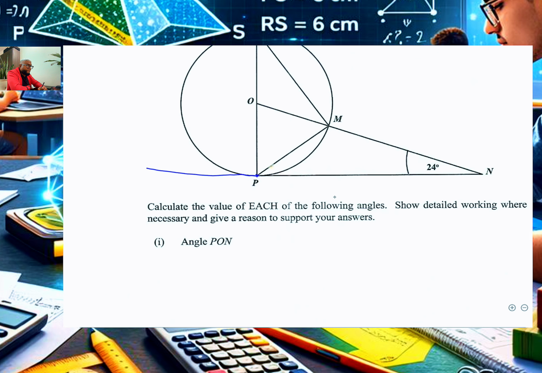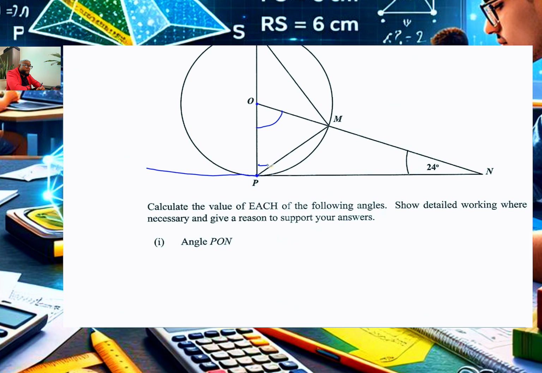Calculate the value of each of the following angles, show detailed workings where necessary, and give a reason to support your answer. So you have P to O to N. This bad boy here. In order to find that angle, the theorem that I need to engage is where a tangent and a radius meet. A line that comes from the center of the circle to the circumference here, which is actually where the tangent and the radius meet, would be a 90-degree angle.